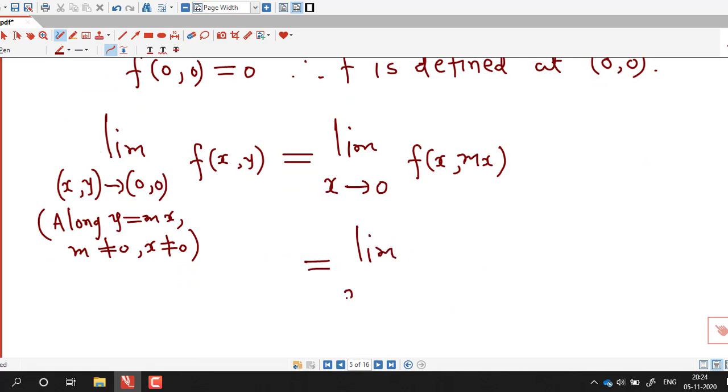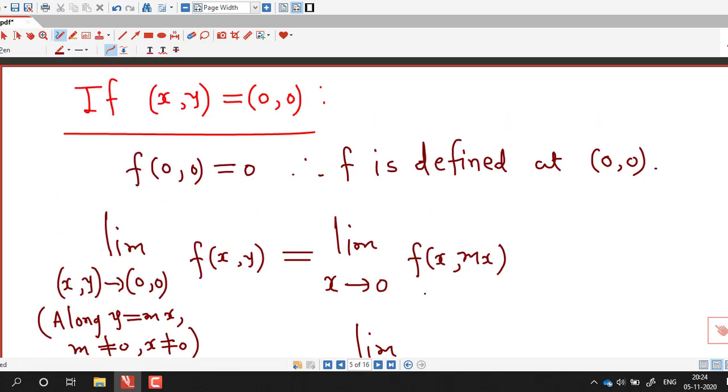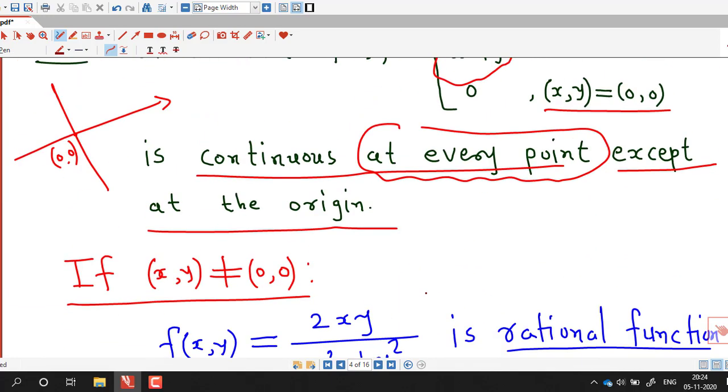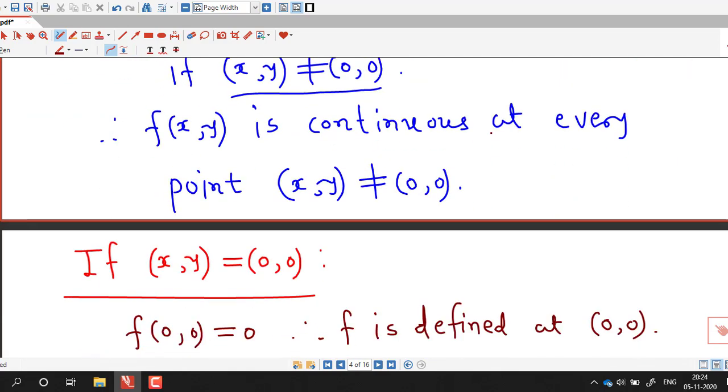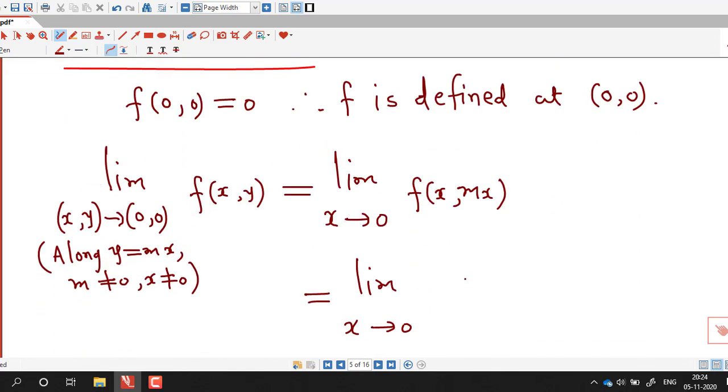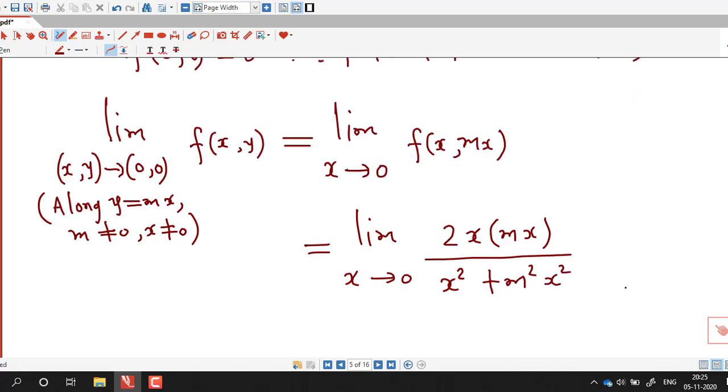So this is equal to limit x tends to 0 of 2xy over x square plus y square, that means 2m x square over x square plus m square x square.